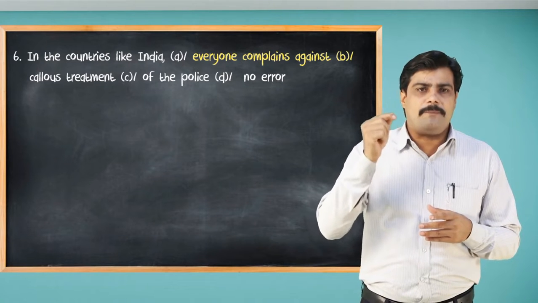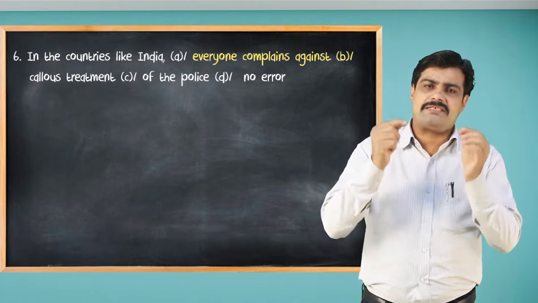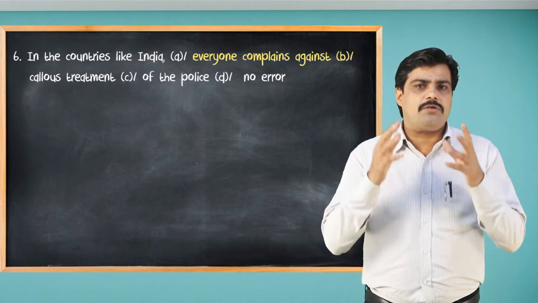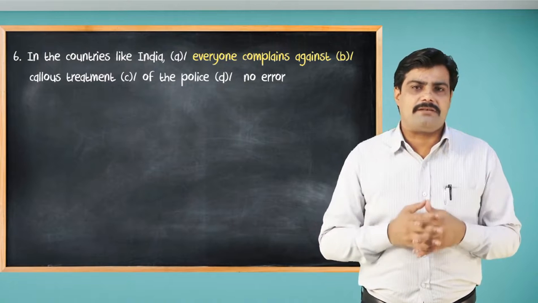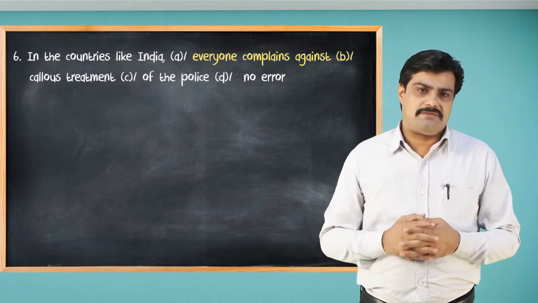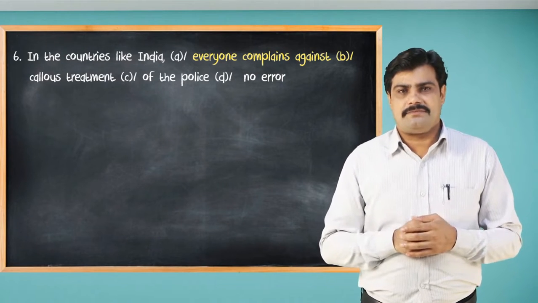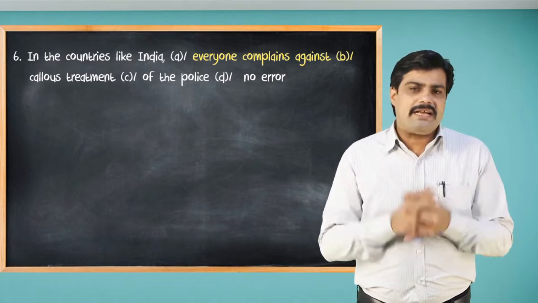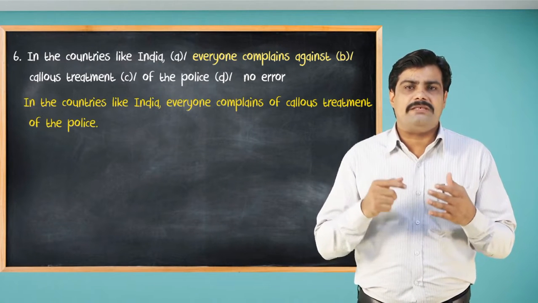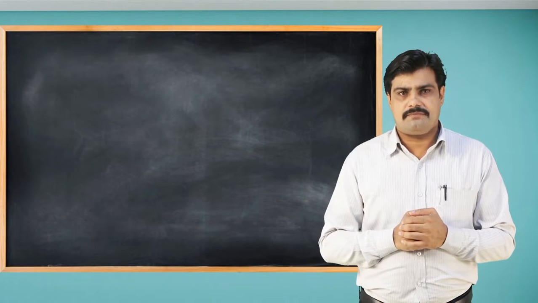The word complain is always targeted at something or someone. It is also a negative impact. There is no need to double negate it with a word like "against". So say this sentence now. In the countries like India, everyone complains of callous treatment of the police.